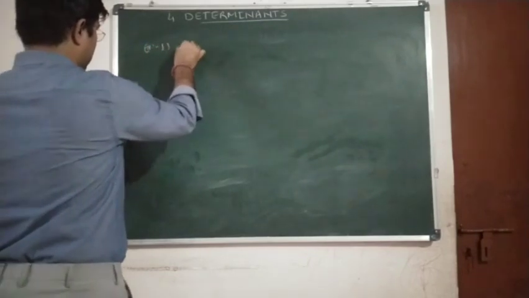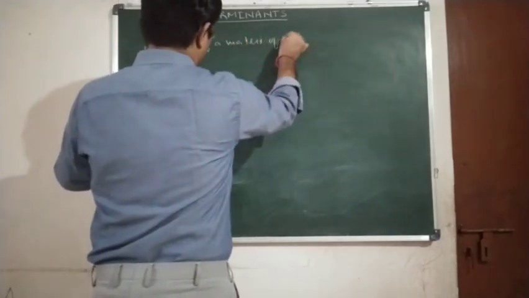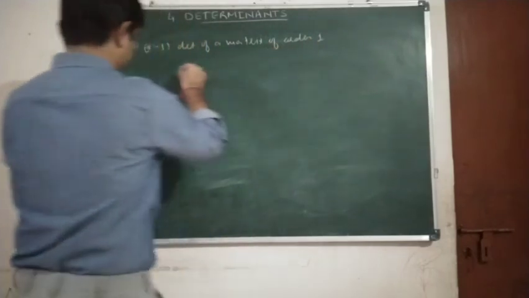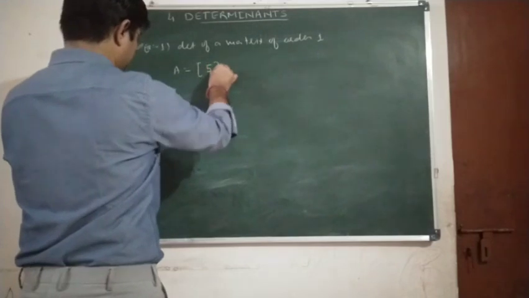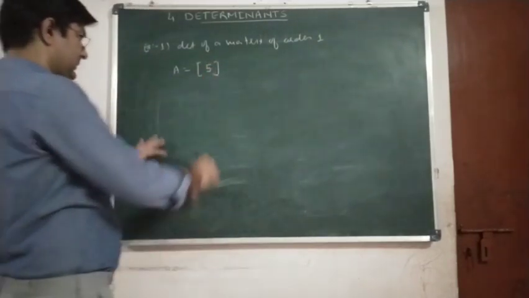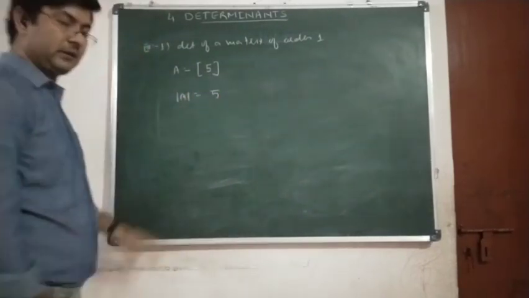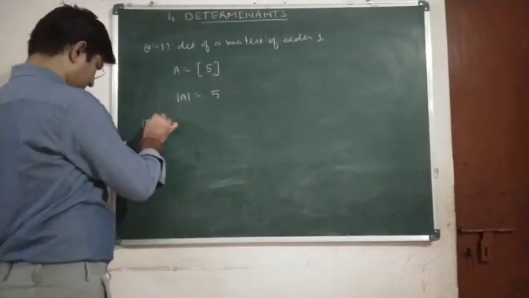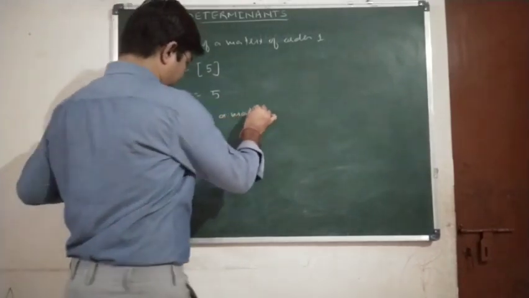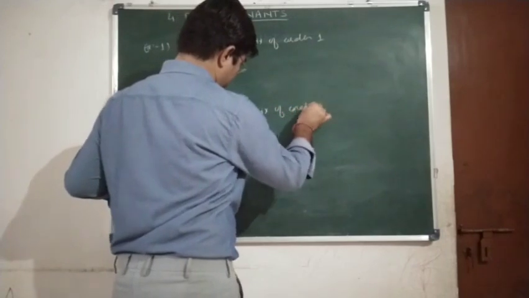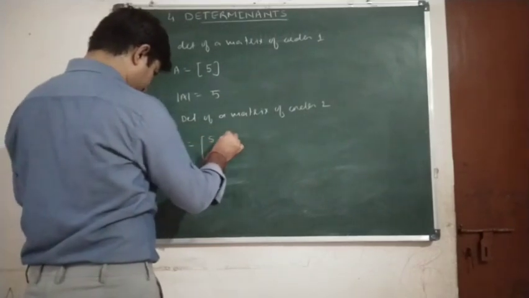Example, determinant of a matrix of order 1, A is equal to 5. Okay, this is the matrix of order 1, then its determinant of A will be given by 5. Clear? Now determinant of a matrix of order 2, let us consider matrix B with rows 5, 3 and 4, 4.